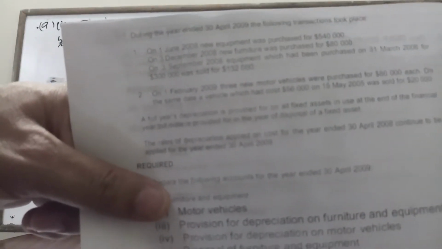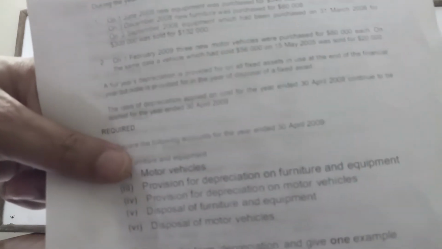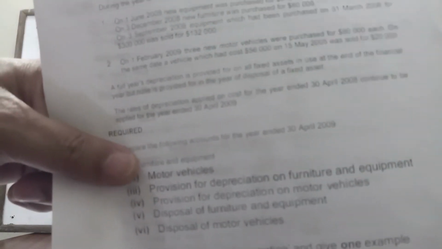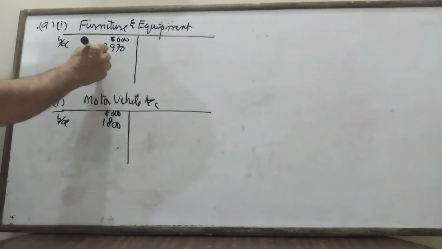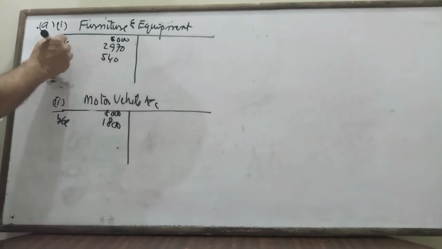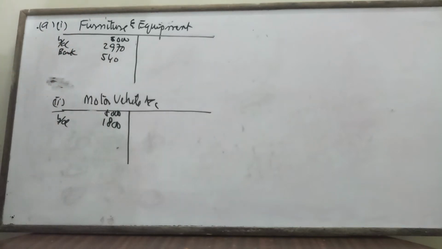If you have the question paper with you, you can properly understand. On 1st June 2008, new equipment was purchased for 540,000. Then you debit 540,000, new equipment bought by bank, and you can write the date here.